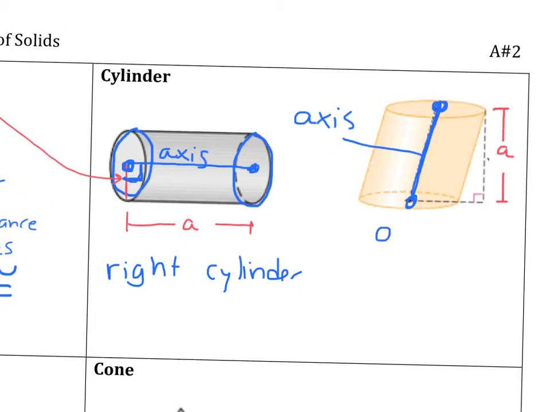This one over here is called an oblique cylinder because it is leaning in some capacity. And the reason for that is because the angle with the axis there is not 90. The axis and a radius is not 90.